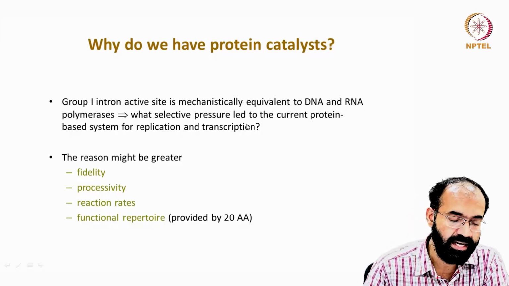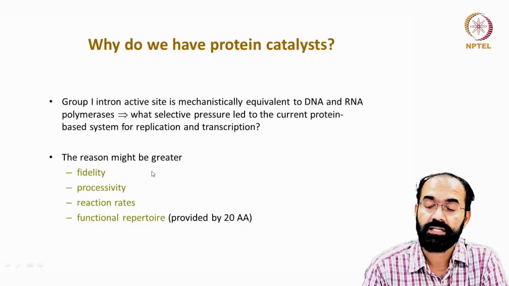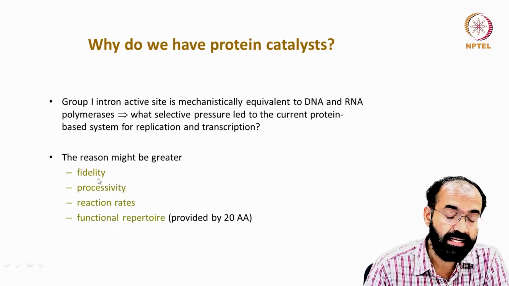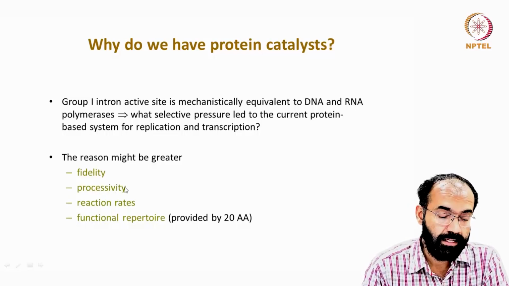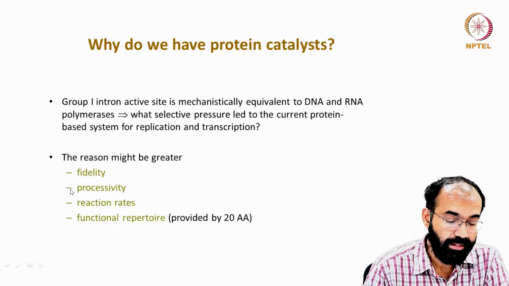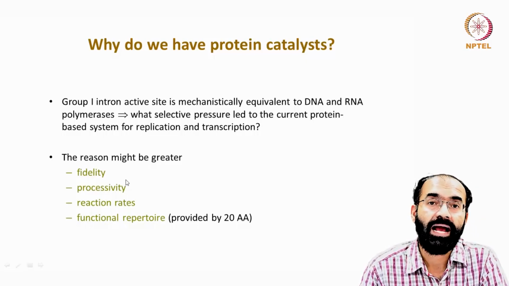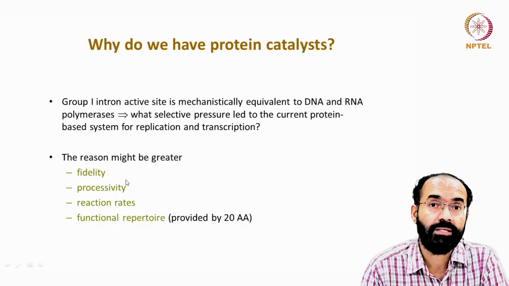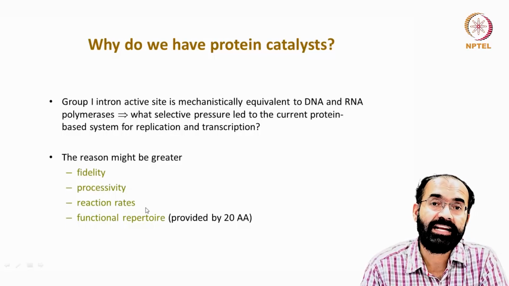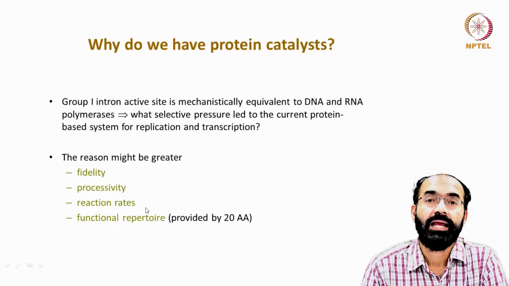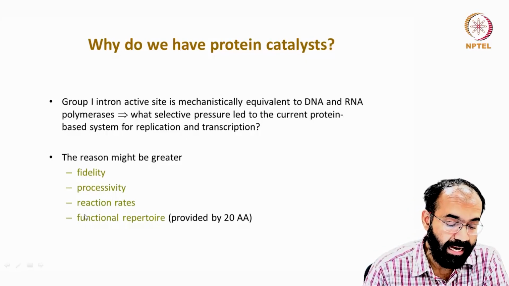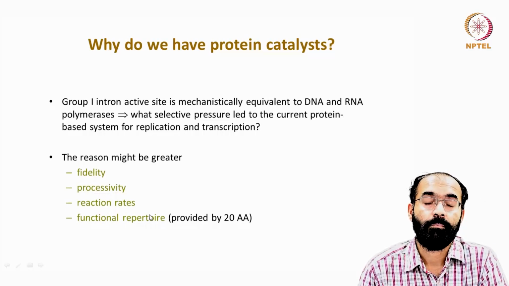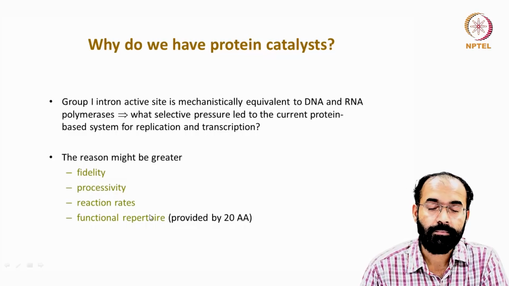Is there a reason behind it? The reasons might be much greater than what we can assume. One could be fidelity, how accurately a job can be done. Then comes processivity, how accurately the processing of the job can be done. Then reaction rate, how effectively an RNA can be produced. And then functional repertoire, that means the interactions can be much more divergent.